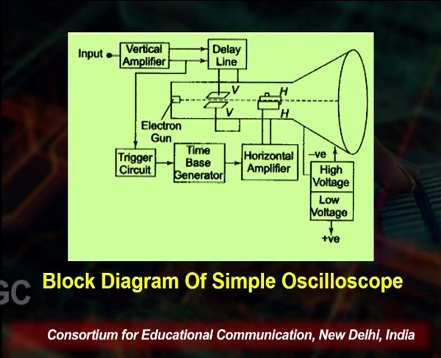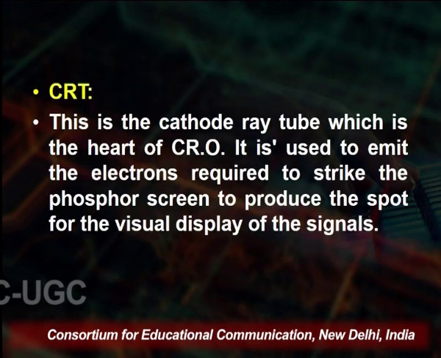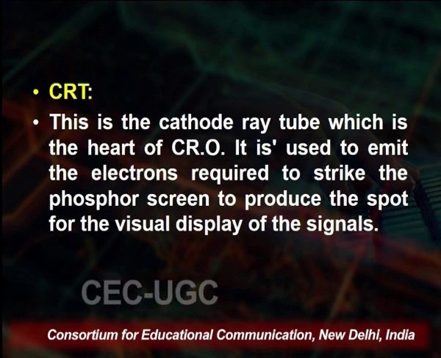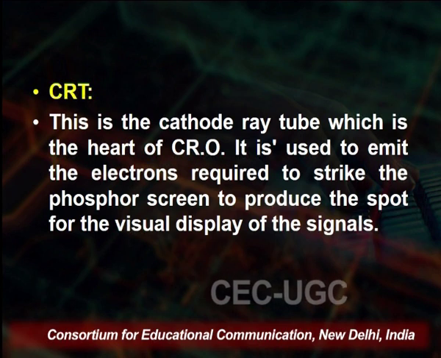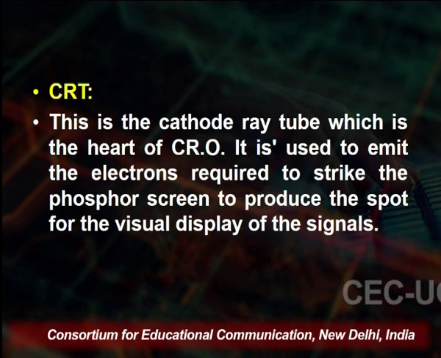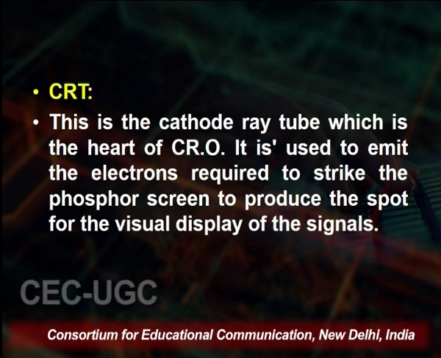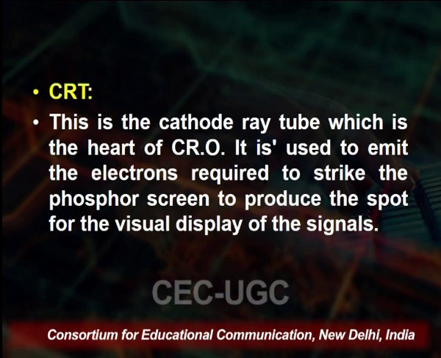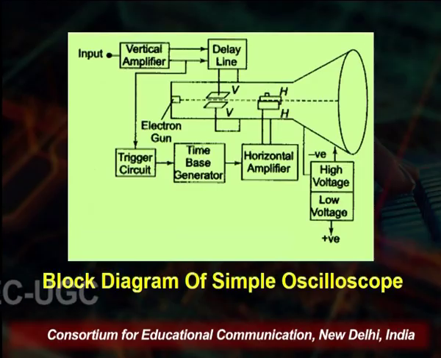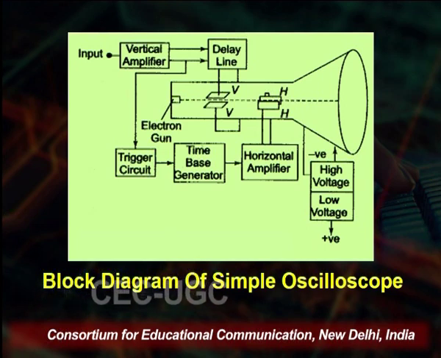So, the CRT, the cathode ray tube, is the heart of the oscilloscope. It is used to emit the electrons required to strike the phosphor screen to produce the spot for the visual display of the signal. That is the CRT tube where we have the electron gun.